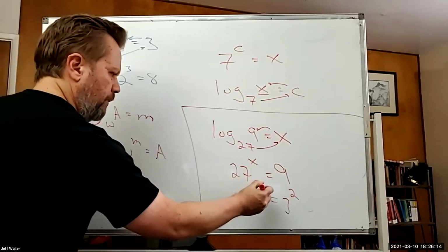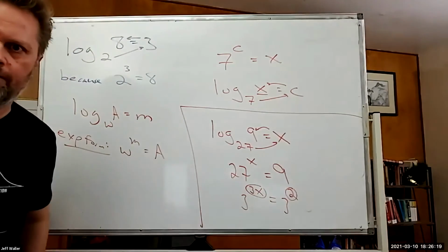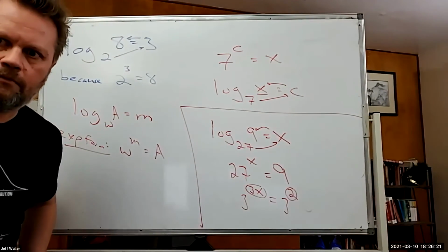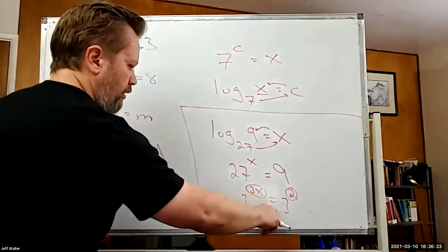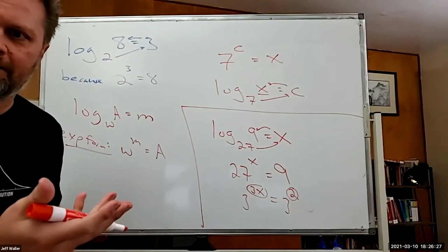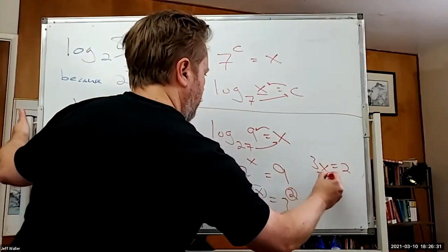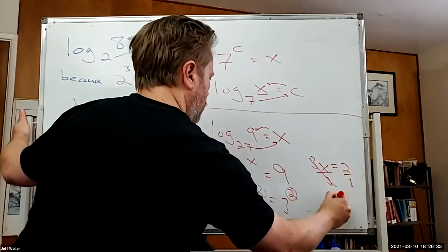What must be true about 3X and 2 in order for this equality to be true? 3 to this equals 3 to that. What's the only way they can be equal? 3X equals 2. Yes. And then we finally catch up with X is 2/3.